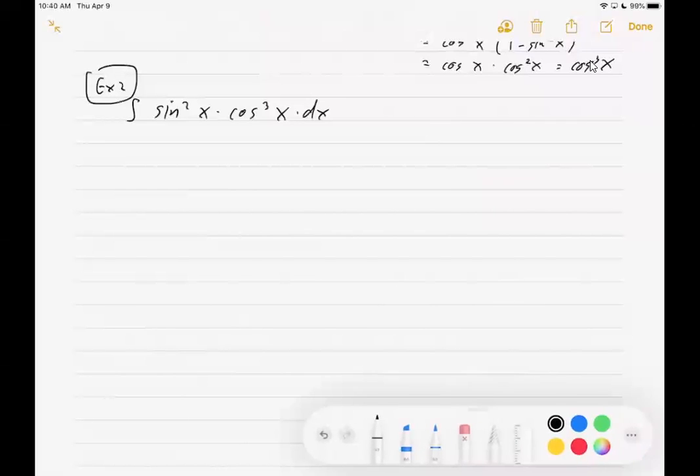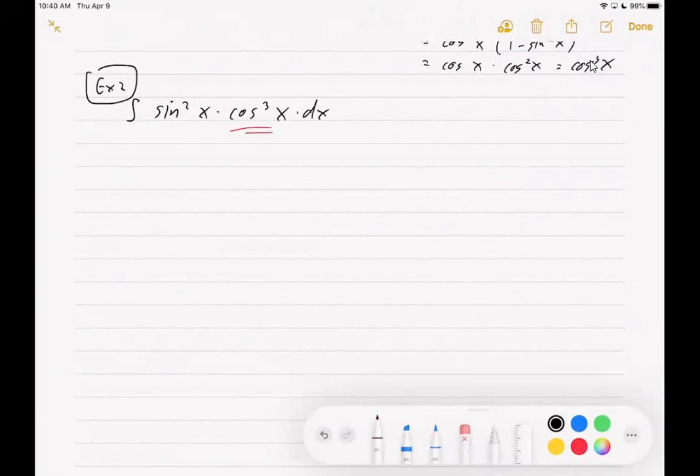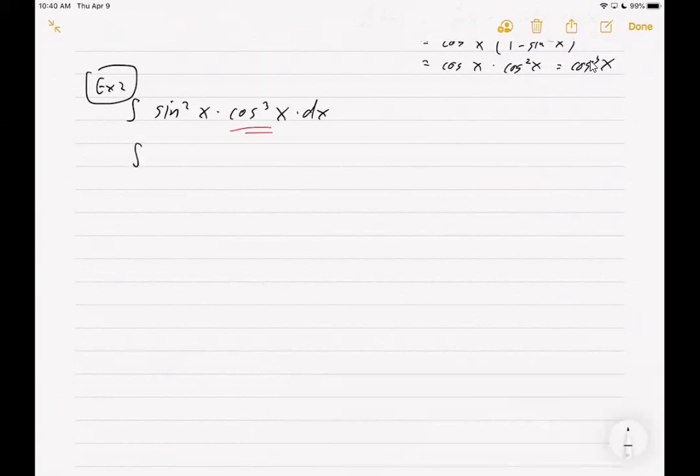Notice we have an odd number of cosines. So let's do the same thing we did before. We have this sine squared. We can't pull a single factor of sine out of that and use the identity that we just had because the identity involves squares. So let's leave the sine squared of x alone. That's the one we can't simplify, but we can rewrite cosine cubed as cosine squared times cosine to the first.